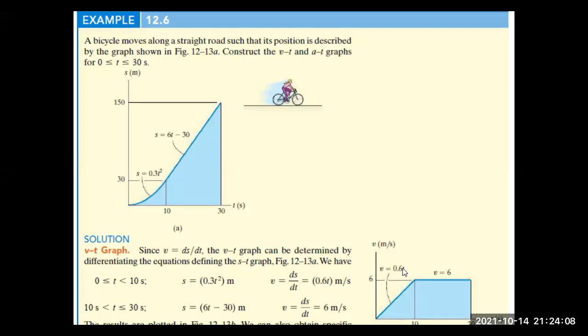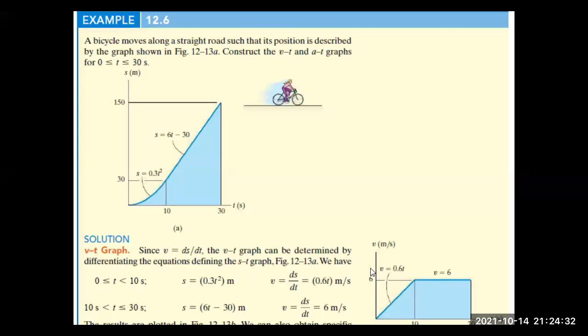If I plug in 10 to this T, how much am I going to get of V? Just 10 times 0.6. So that means I can plug it into either side, this side or the other side.